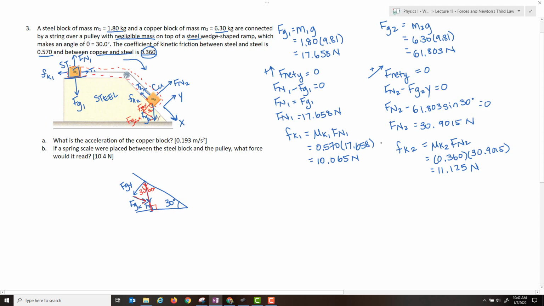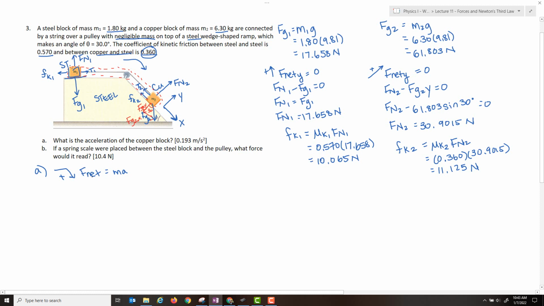Okay, so what is the acceleration of the copper block? So if I take a look at the whole system now, I'm going to just erase what I have over here. So I'm continuing with part A right here. If I take a look at the whole system and I say the direction everything is moving is the positive direction, I can say F net equals MA. My F net, what would that be?